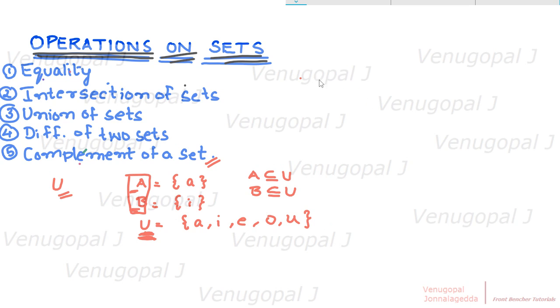When I say complement, it is basically a difference of two sets, but the main set being the universal set. Rather than having a specific thing as A minus B, what I am doing now is every time subtracting any set from a universal set.